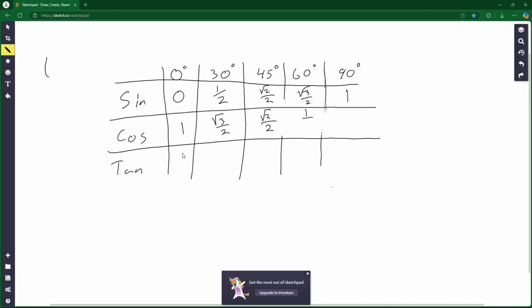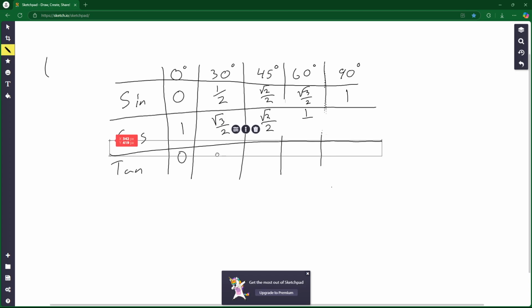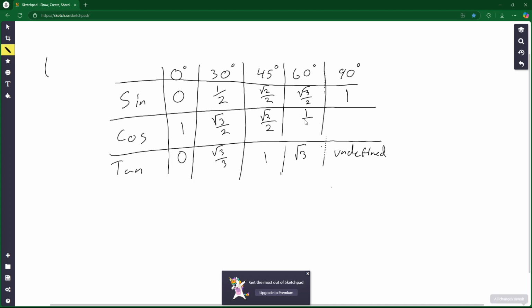Okay, so it is going to be 0, gosh dang it. No. Root 3 over 3, 1, root 3, and then undefined. 1 over 2, 0. There we go.